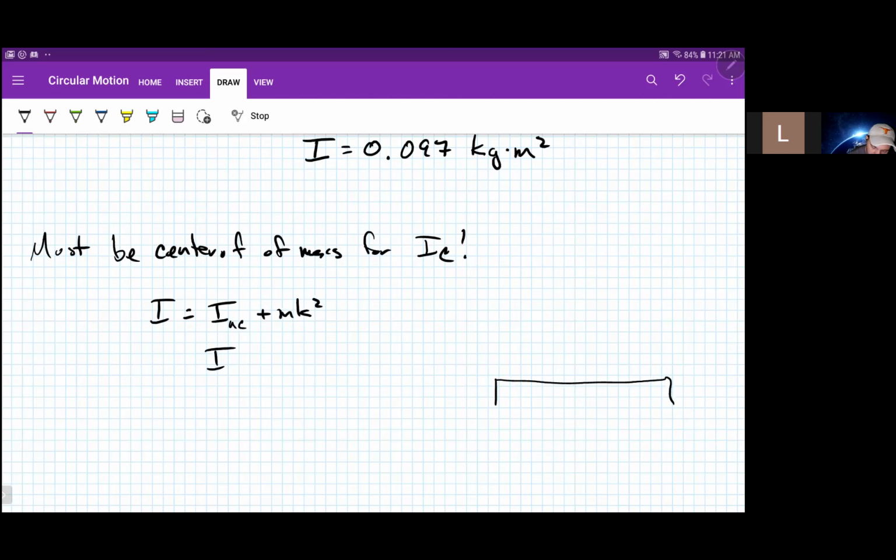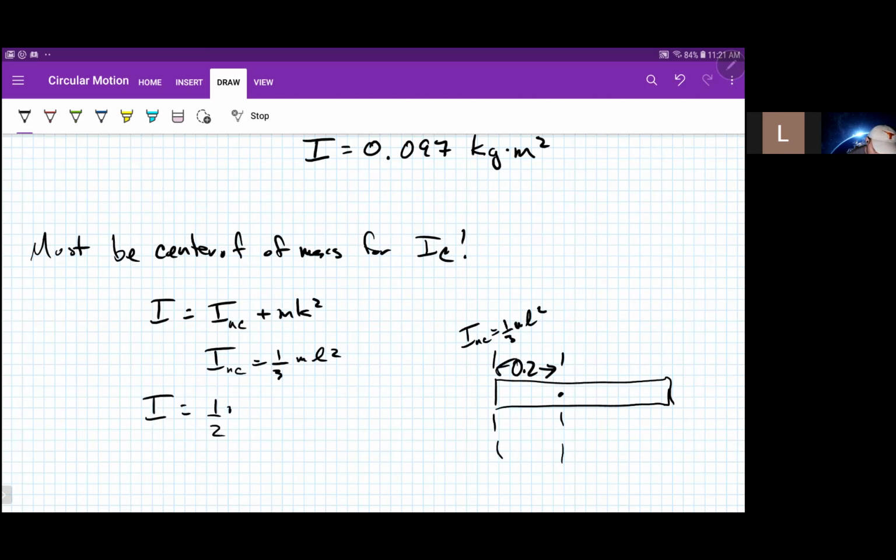If we use this equation, I know I is going to be 1/3 ml squared, and then my k value would be 0.2. Everything else stays the same, so we can substitute those values.